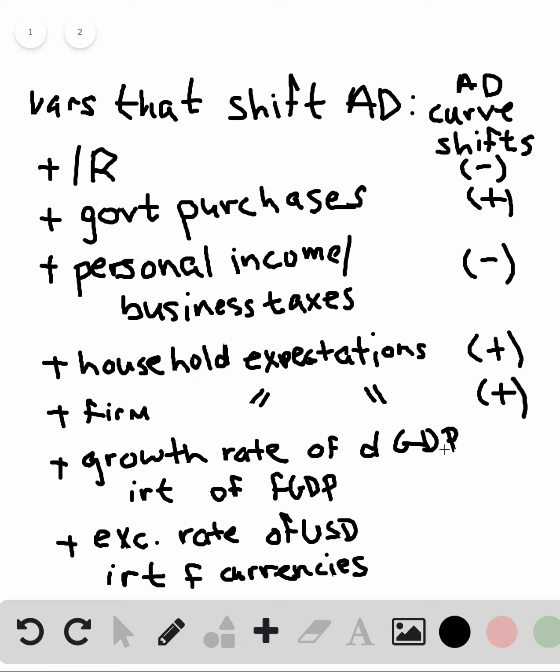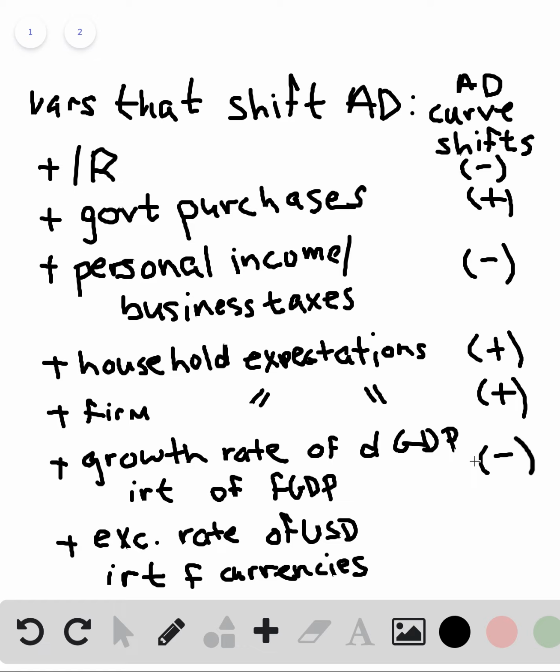So the cost of goods in the US will increase, so foreign countries won't be buying US goods, and US consumers will have more of a desire to purchase foreign goods. So net exports will decrease, resulting in a leftward shift of the AD curve. So we're going to put a little minus there.